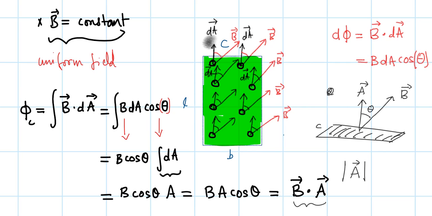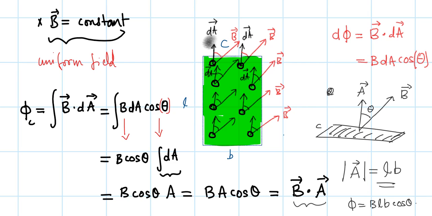The magnitude of the total area vector for this case is the area enclosed by the loop, which is just length times breadth. So for this case, the flux will look like B l b cos theta, where l and b are the dimensions of the rectangle. So that's it.